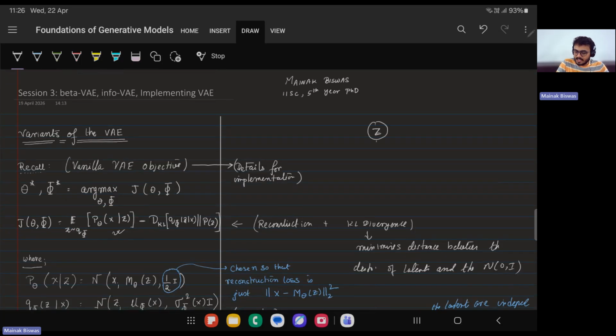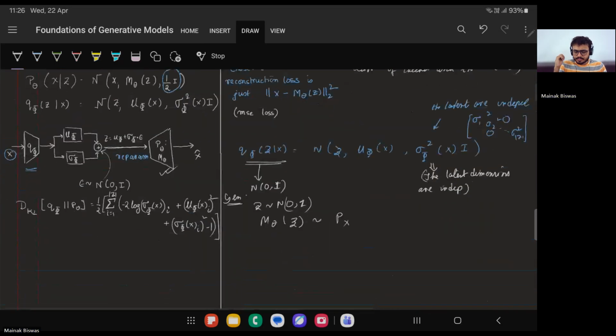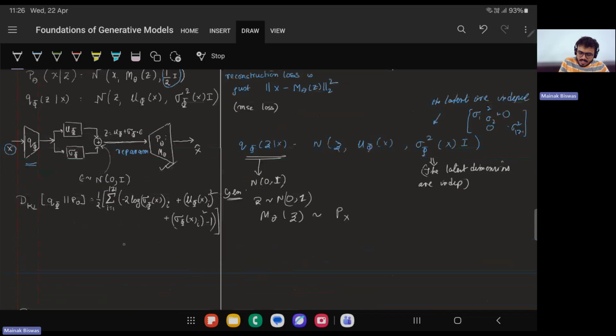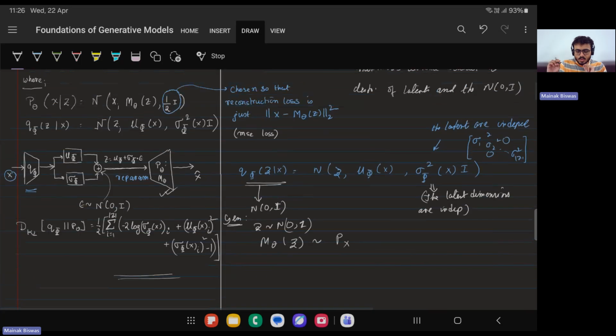So we have a latent and we have the data that is being modeled using the latents, right? We have seen that the KL divergence term is this. We derived it last time: between two normal distributions it is given by this sum of squares of means and variances, and this log term. So what we'll do today is study a few variants of this VAE.